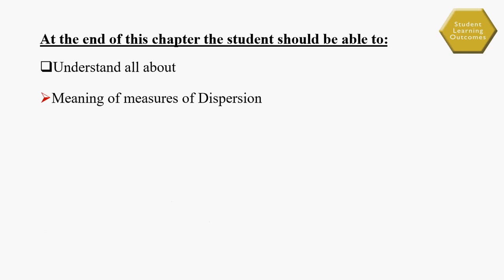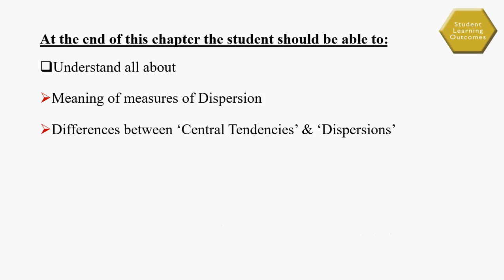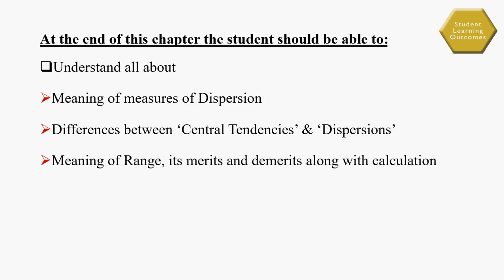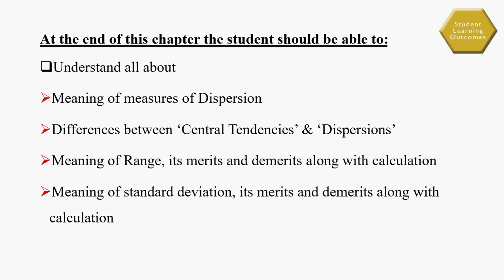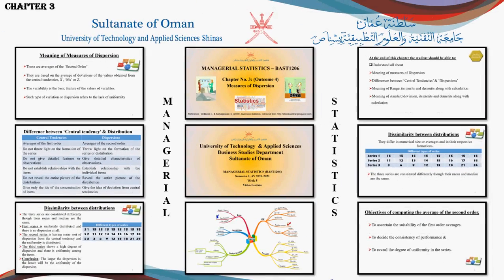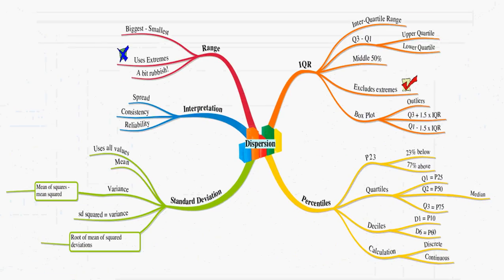At the end of this chapter, you will be able to understand the meaning of measures of dispersion, differences between central tendencies and dispersions, meaning of range, its merits and demerits, along with simple problems and calculations, and the meaning of standard deviation, its merits, demerits, along with calculation. So these are the highlights we are going to see with regards to this chapter.